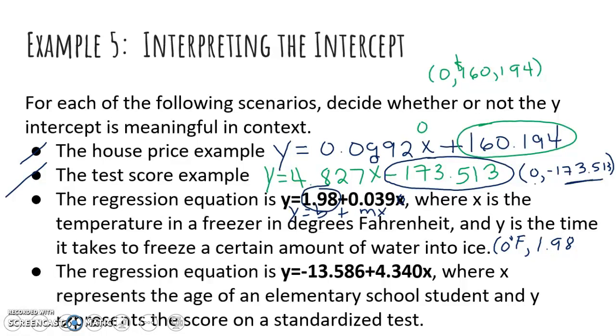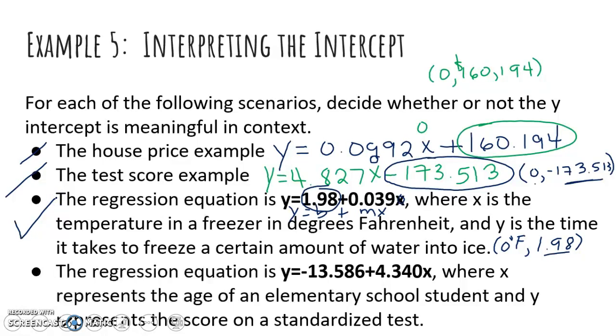I'm not sure, I'm thinking that's probably hours. But whether it's hours, whether it's minutes, this does make sense. Because you can have 0 degrees Fahrenheit, and this is a positive time. So that does make sense to the problem.